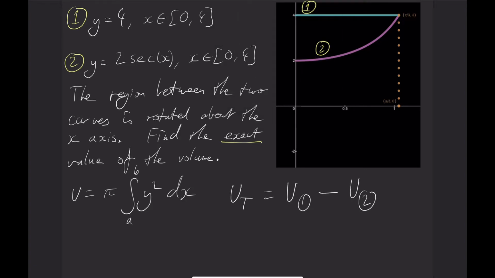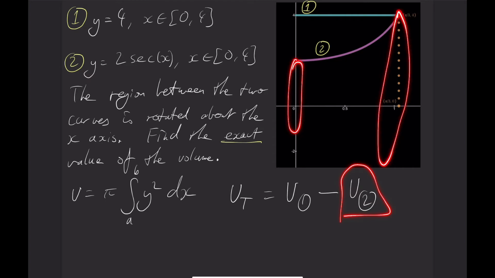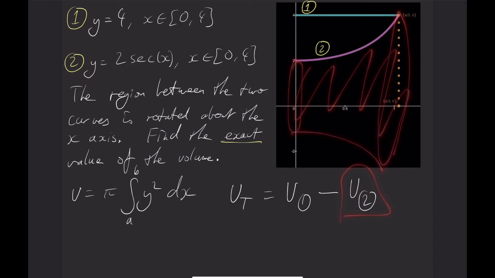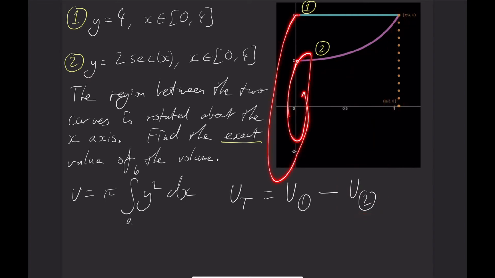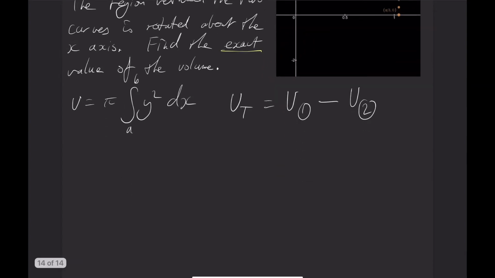If I just look at the first curve, I'm going to get this nifty cylinder. I can find that volume, and I could do that geometrically. I'm going to use calculus for it, but if you feel like you want to do that geometrically, absolutely, that would be absolutely fine. So that's my first volume, and then I take away this volume here, and I'll be left with the tube of those two volumes. So let's set up our equation.